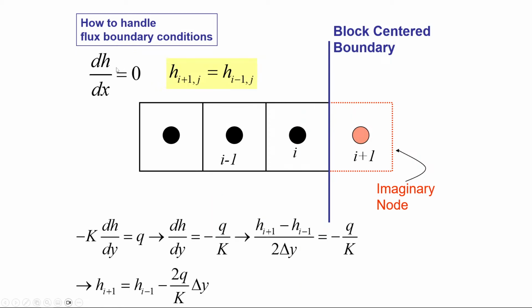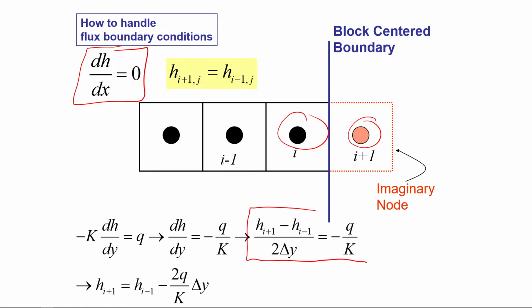And then you find your delta H over delta X, the flux between this node and this node. That's basically how you calculate your flux, and your boundary condition will take this form. So that's just for your information. Again, the details are not important, but I just wanted to show you another type of boundary condition.